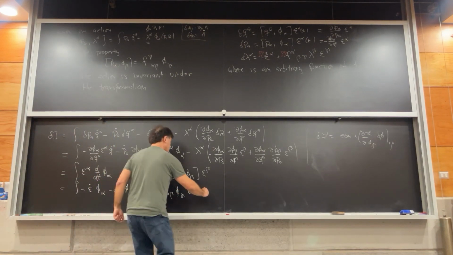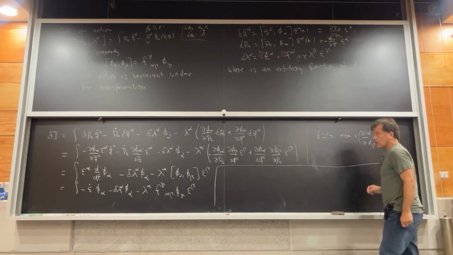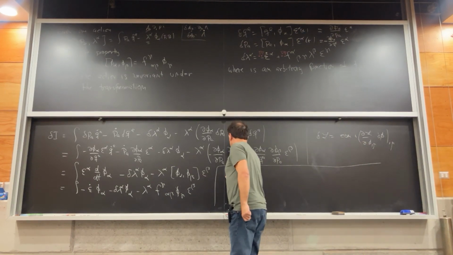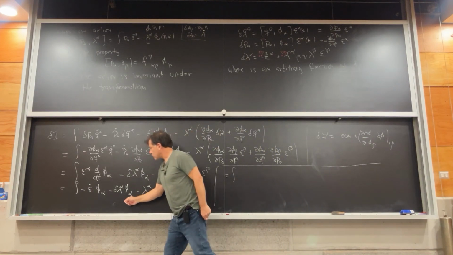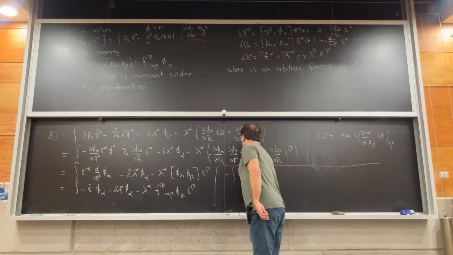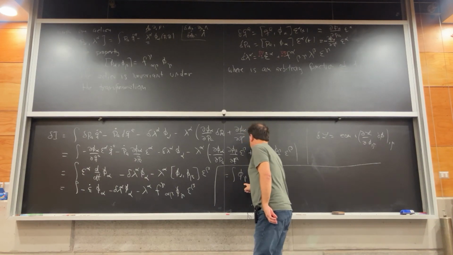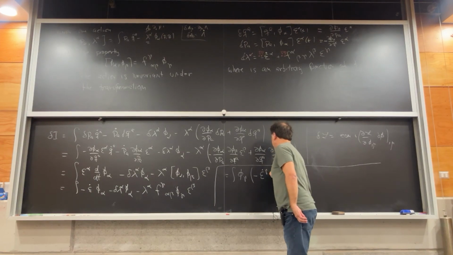Let me do a line here. The crucial thing is that I have the constraint, so I can factorize the constraint. And I will use this gamma, and I will have minus epsilon gamma.